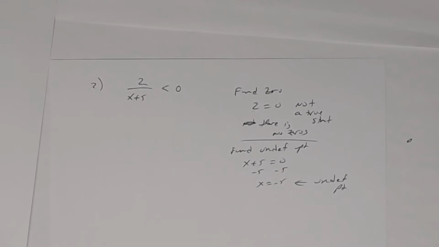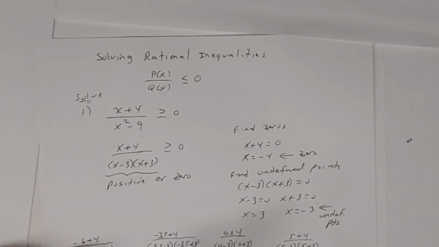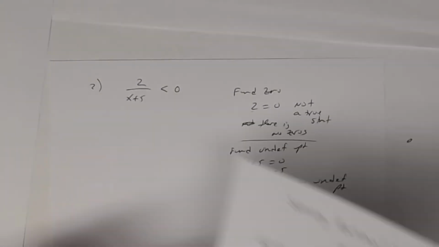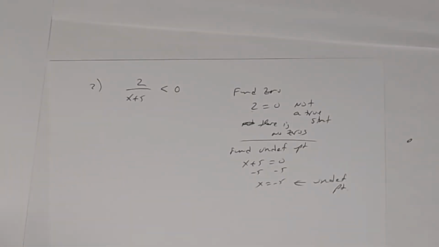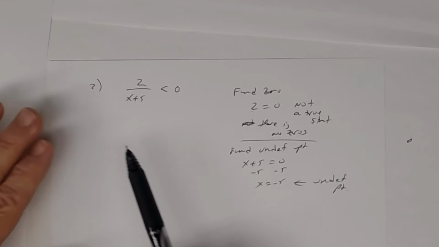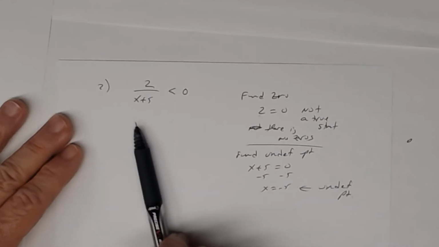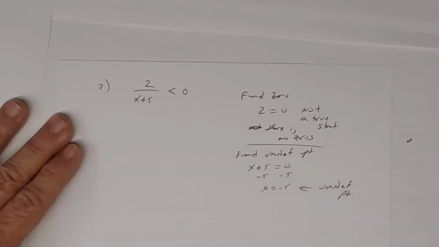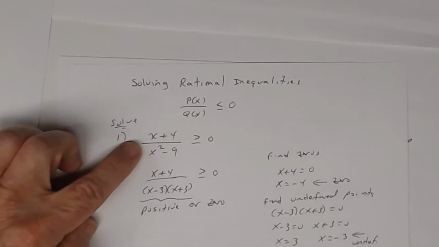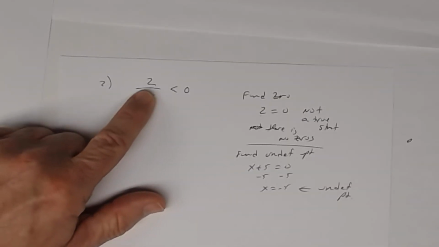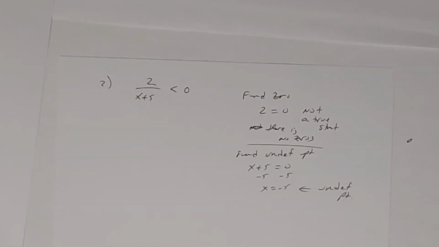All right? And so in the previous problem, you had 3 numbers to put on the number line, right? Here, you only have 1. But the reason why some students would find this one a little bit more difficult than this one is because of this number. There's no variable in the numerator, so sometimes it throws you off.